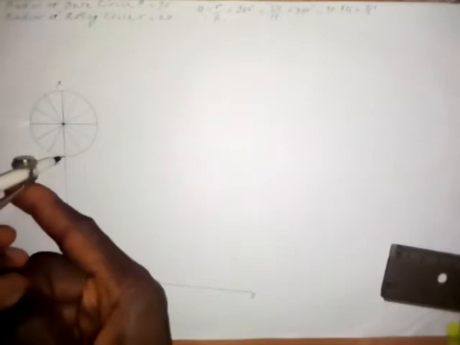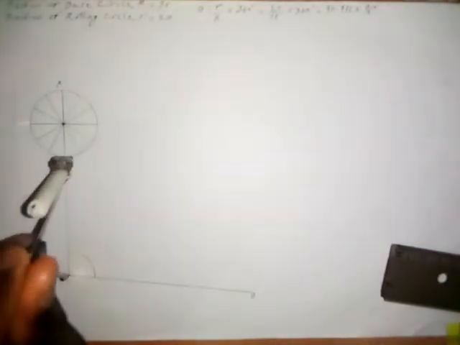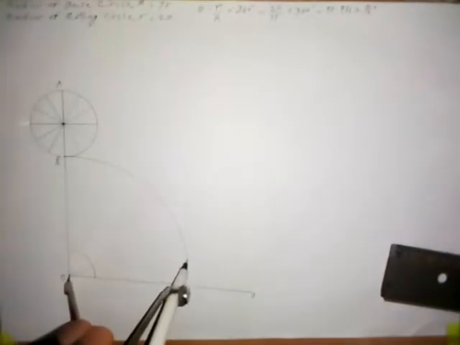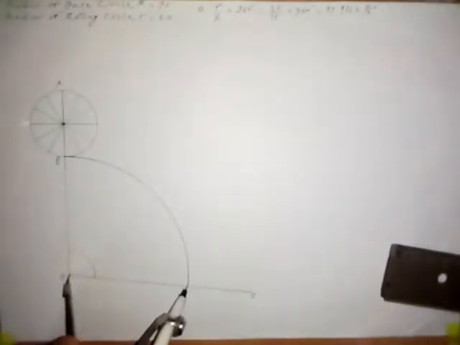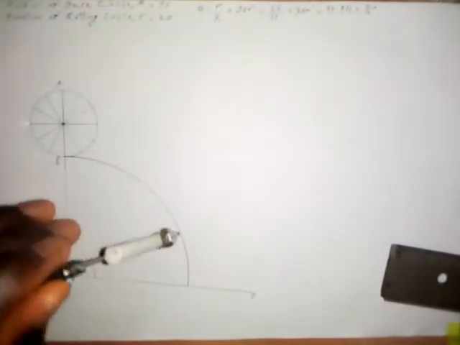Then I will draw the base circle. So this is the base circle here. This is how it will look. We will call it the diameter of the base circle.